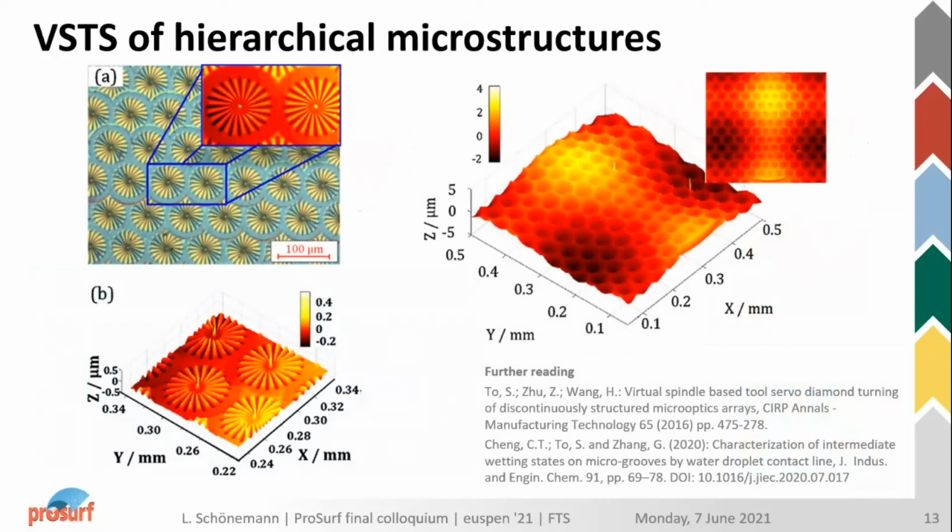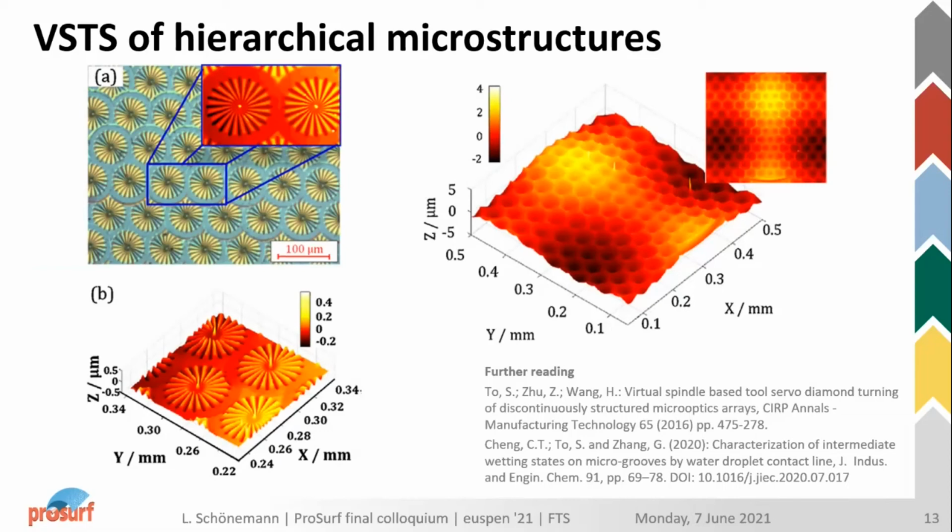So generate larger dimension features such as a sine wave pattern or so on, and have a Siemens star structure on top, or a micro lens or nano lens array on top. And you can do this with this VSTS turning as well. And this was also evaluated within ProSurf.